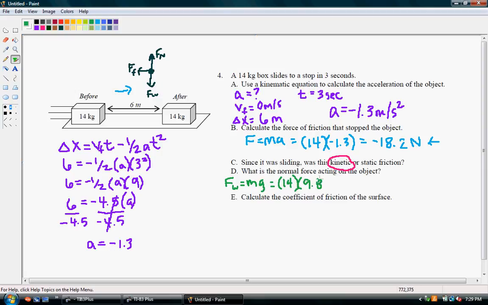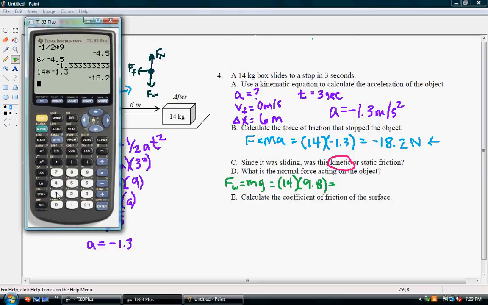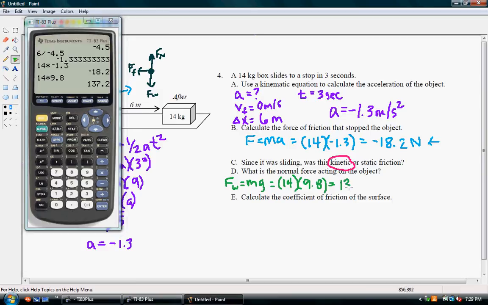So this is technically 9.8 down. And when we multiply that out, we get 14 times 9.8, and that is 137.2 newtons, and then that's down.